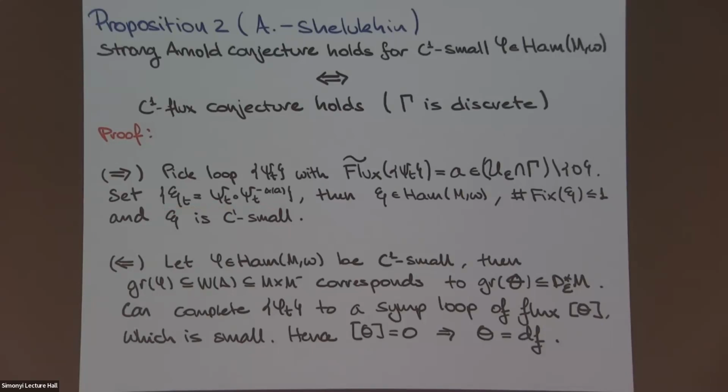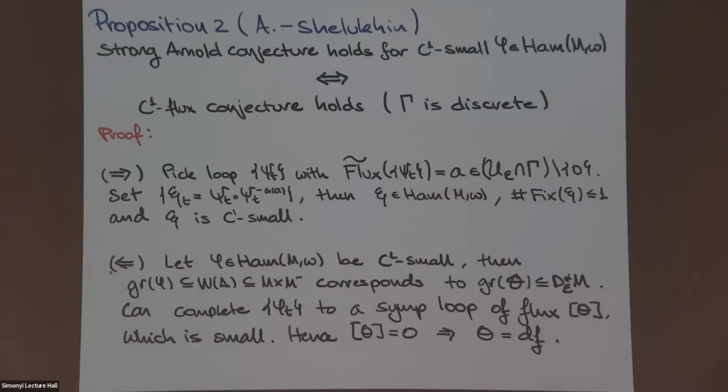Now, the time one map of psi t is also the time one map of psi minus alpha, because the loop has time one map the identity. So in particular, its fixed points are going to correspond to the fixed points of psi minus alpha, so it's going to have at most one fixed point. So it's a Hamiltonian diffeomorphism with at most one fixed point, and you can make it C1 small just by taking this A as small as we like.